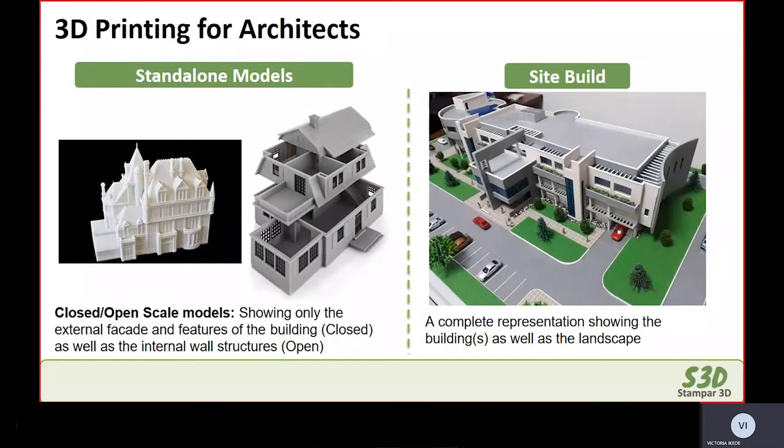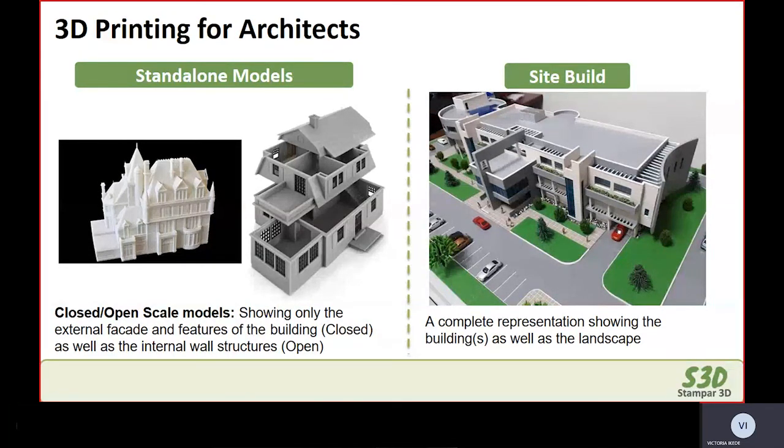Okay, so now we've already kind of talked about this. I think Victoria touched on it, but I'm just going to rehash what she said. So for architects, how can architects use additive manufacturing? First of all, they can make site models, either a standalone model of a building, or a whole site build.